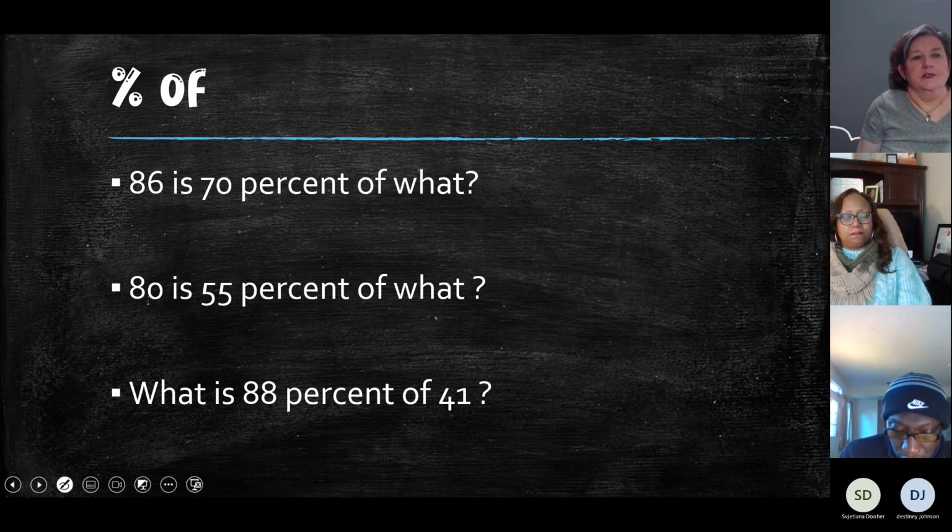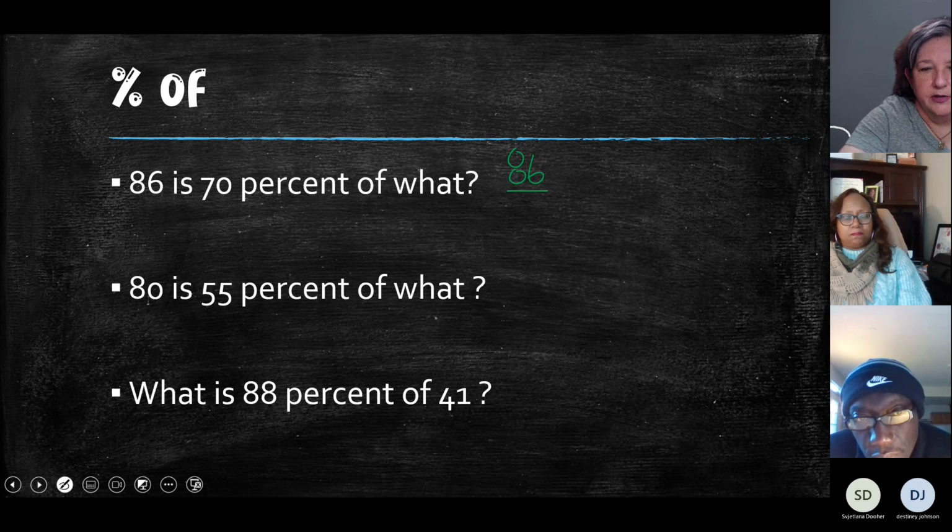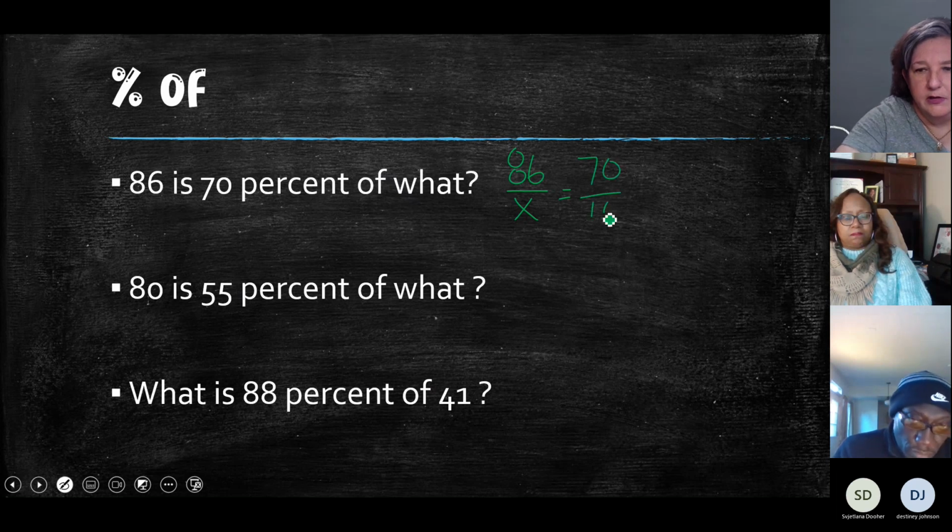Okay, so percent of works the same way. You're given the part. And this time it's actually a little easier.